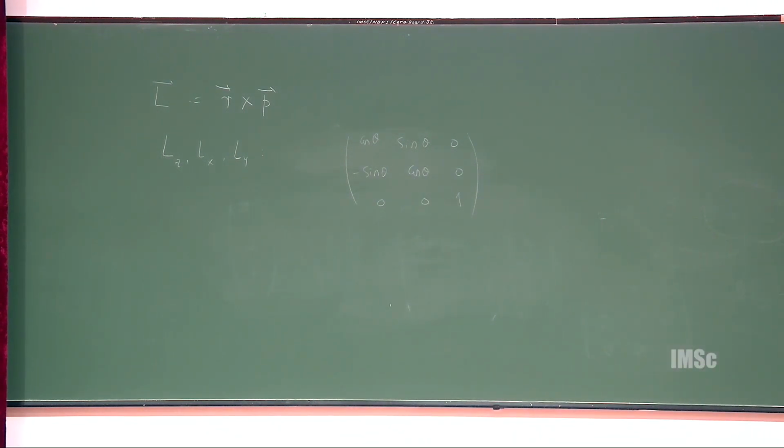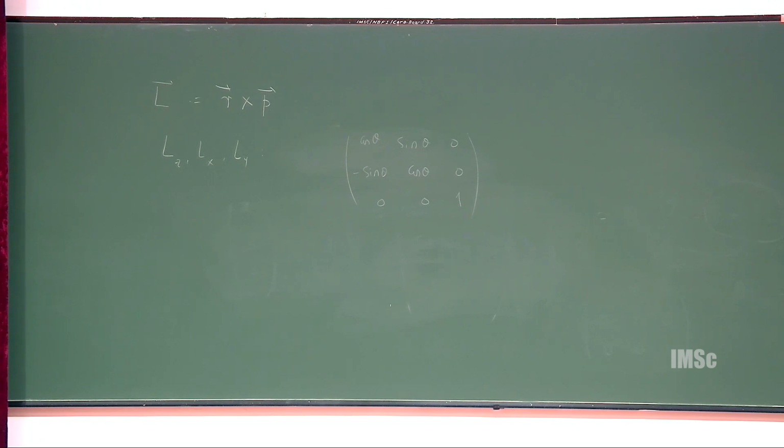So, what is that matrix? I want to keep the x axis invariant. That means my axis is x, I rotate this room in this way, right? This is the y axis, this is z. So, in this plane I rotate. So, what will be that matrix? The same cos theta, sin theta, minus sin theta will appear in different places.